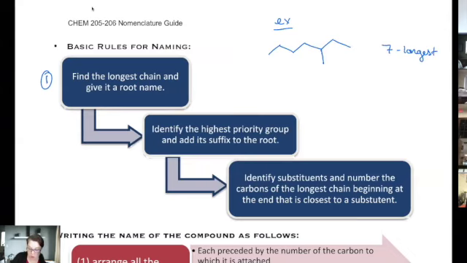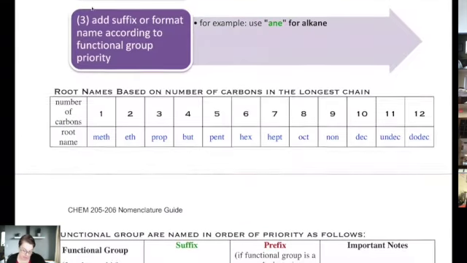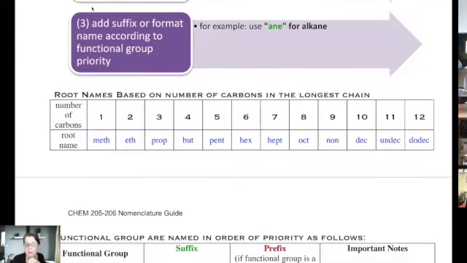Okay, so 7 is going to be giving me the root. So at the bottom here, what you'll see is a list of prefixes that are going to be giving us the basis for the root of the name. So we just said that our molecule had 7 carbons.